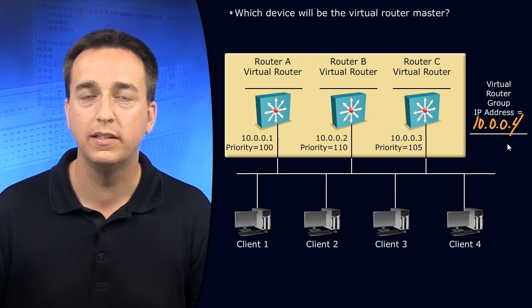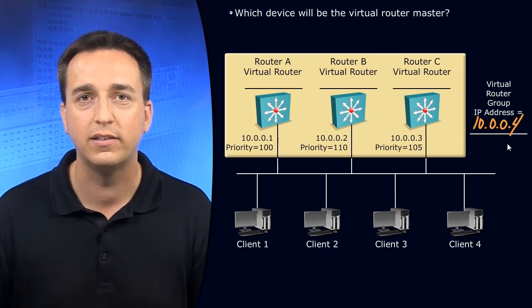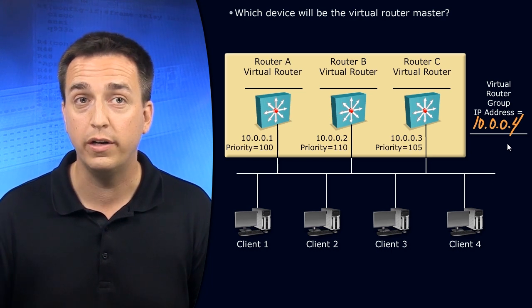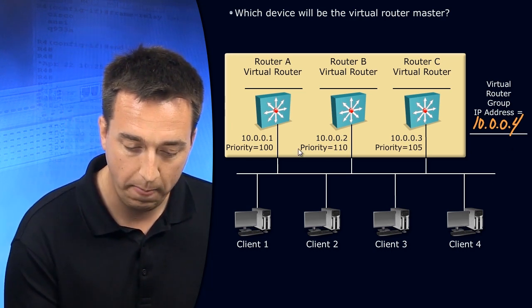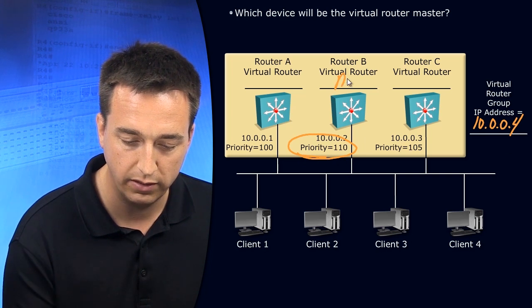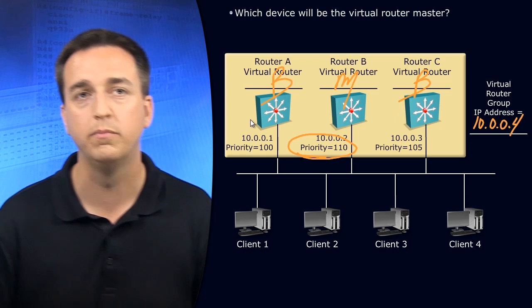Well, in this case, since none of these routers own that IP address, it's the router with the highest priority. The priority being 110 for router B. So this is the master router, and this is the backup, and this is the backup.